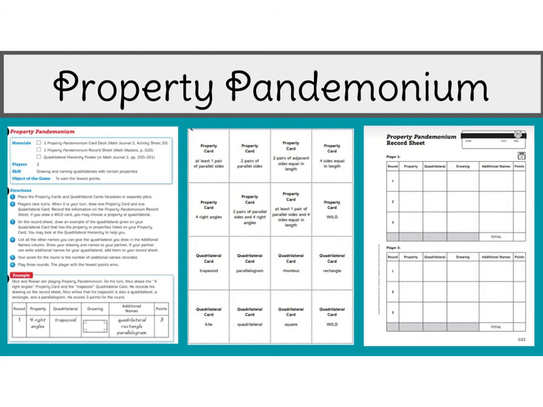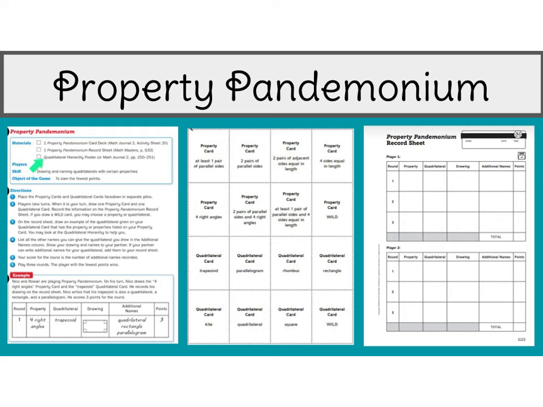So you'll notice that you're going to need one Property-Pandemonium card deck, which is going to be this right here. One Property-Pandemonium record sheet, which is right here. We need the quadrilateral hierarchy poster, which is a little bit farther back in our video, so you can always go back to that and just pause it there.